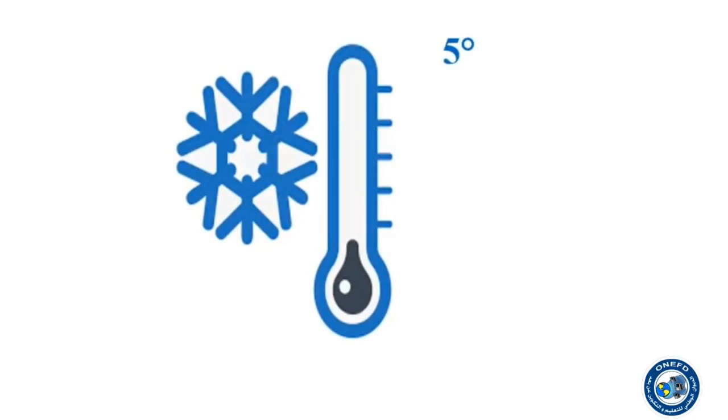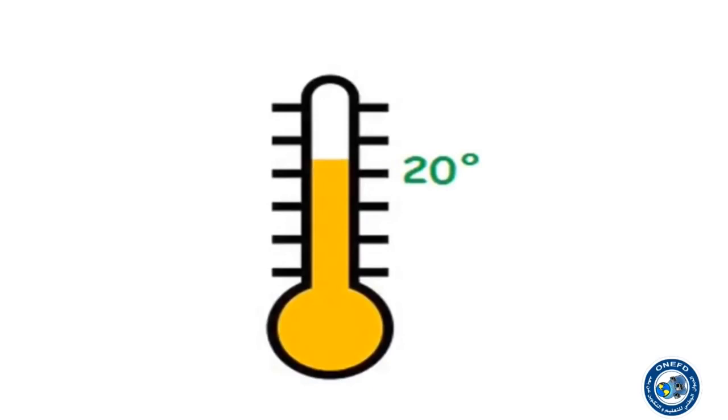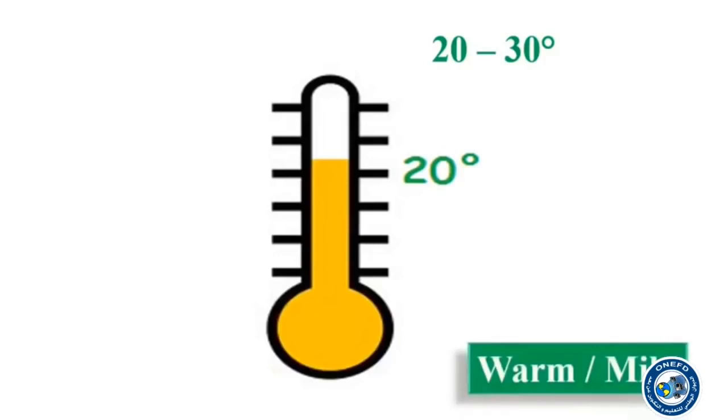The temperature is 5 degrees. So the weather is cold. It is cold. In the second picture, the temperature is 20 degrees. So when it is between 20 and 30, the weather is warm.